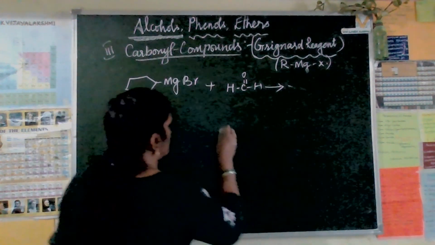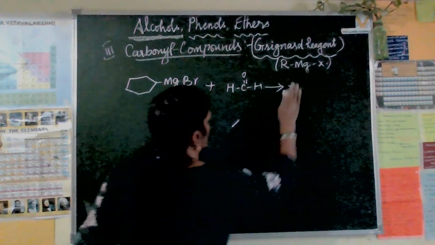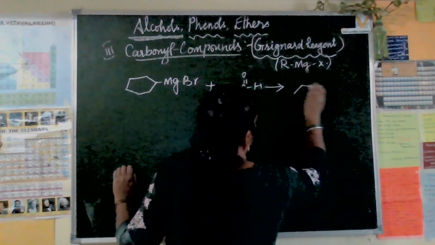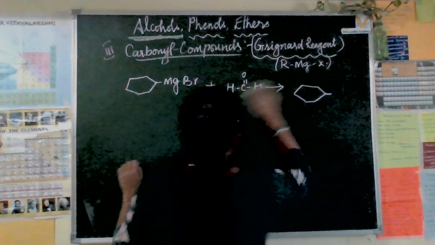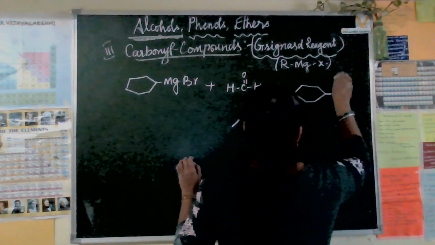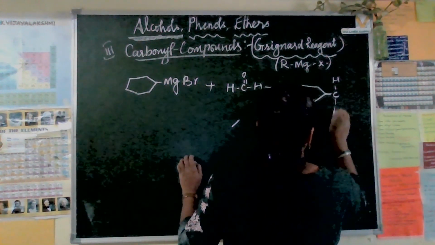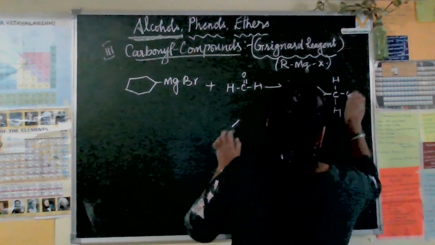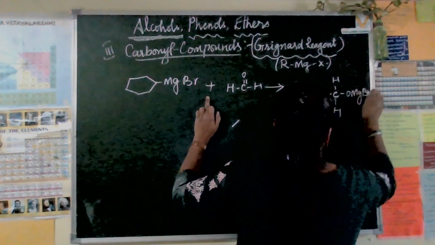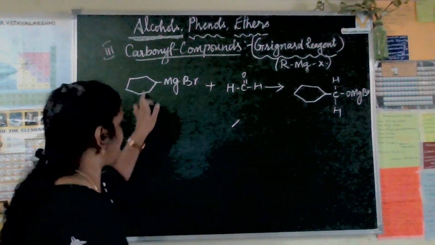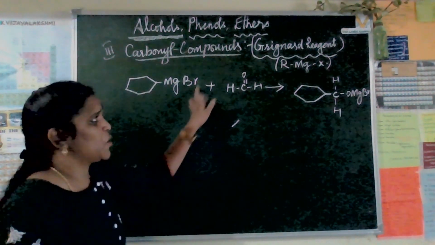It gives what? Cyclohexane, and this carbon is connected with one hydrogen, one hydrogen, and OMgBr.